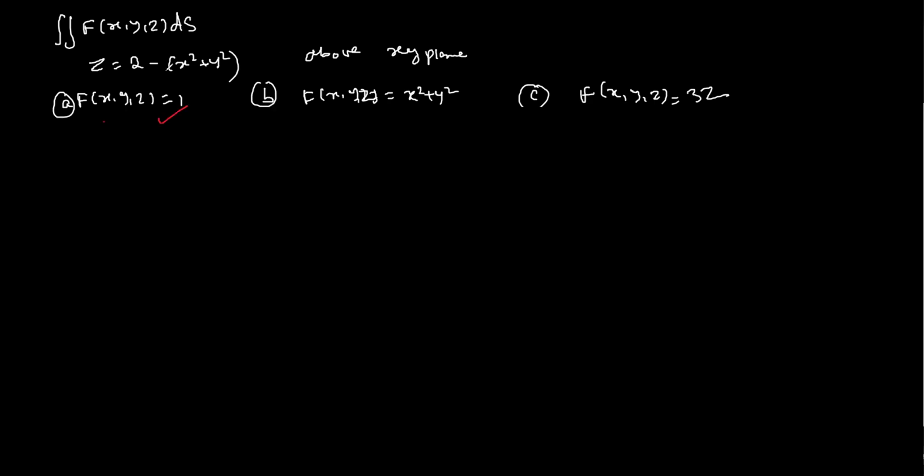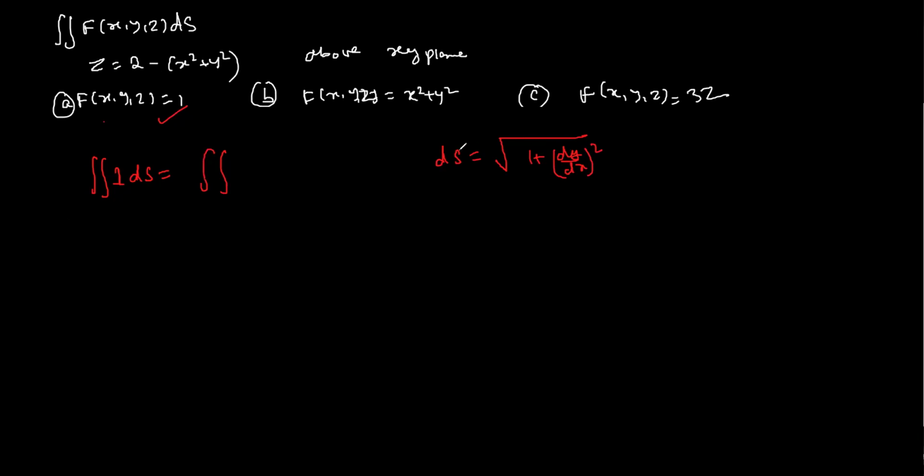Okay. In the first question, F is 1. So put 1 here, dS. You know dS is square root of 1 plus dy by dx whole square. But here z is given, right? If z is given, you have to change this first.